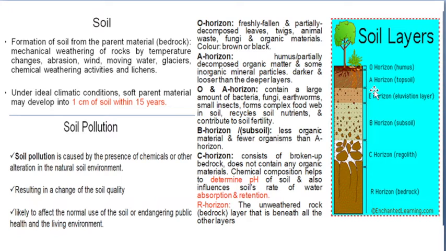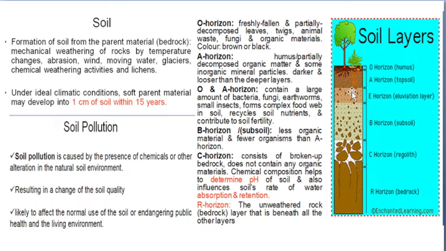So all the soil layers you see here in the picture: the first or uppermost layer is known as the O horizon, where your plants grow. O refers to organic material, meaning on the upper layer of the surface you get the maximum content of organic substances. That is your O horizon, and it is basically composed of humus.